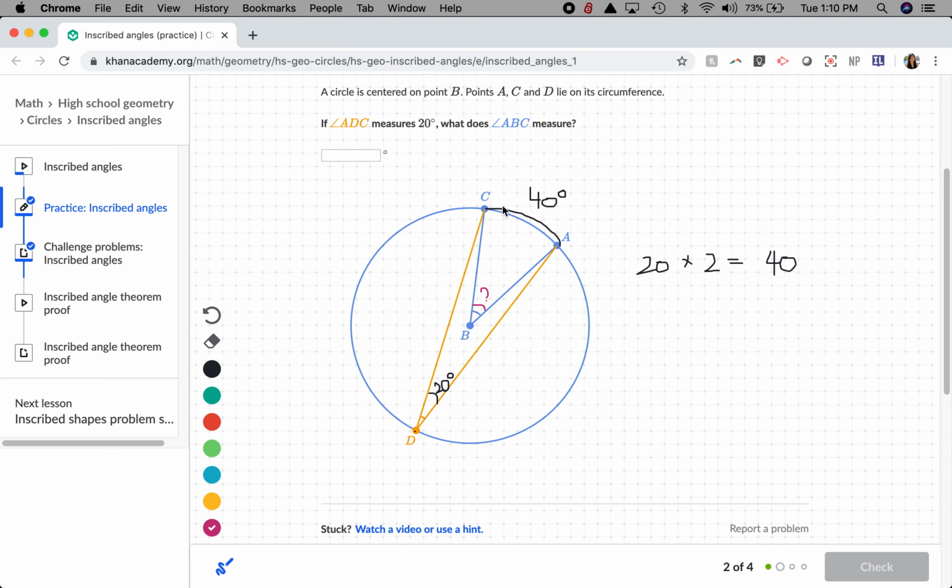Whatever the measure of this arc is, it's going to be exactly the same. So if the arc is 40, where its legs are touching, this angle is also going to be 40 degrees.